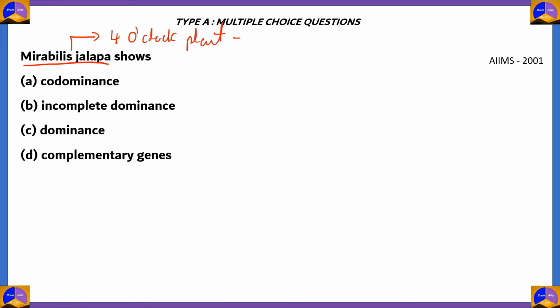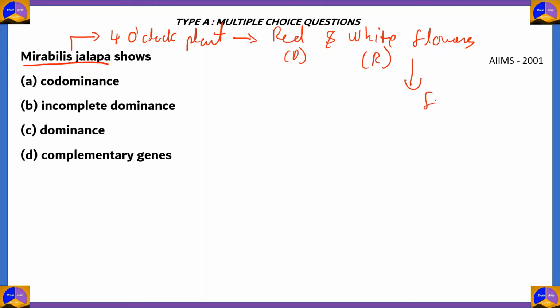And this plant has red, which is dominant, and white, which is recessive, flowers. And their F1 generation possesses pink flowers.